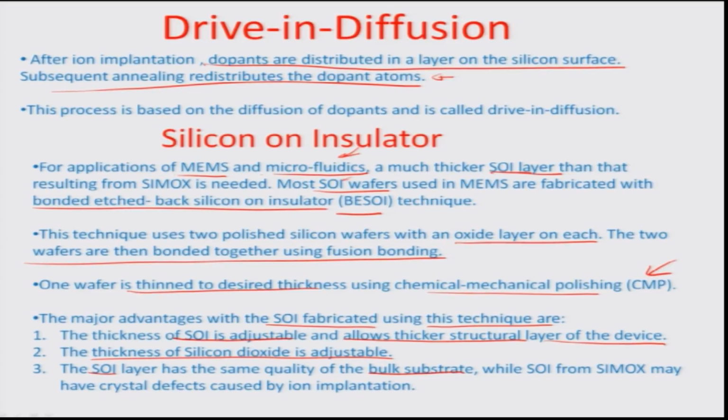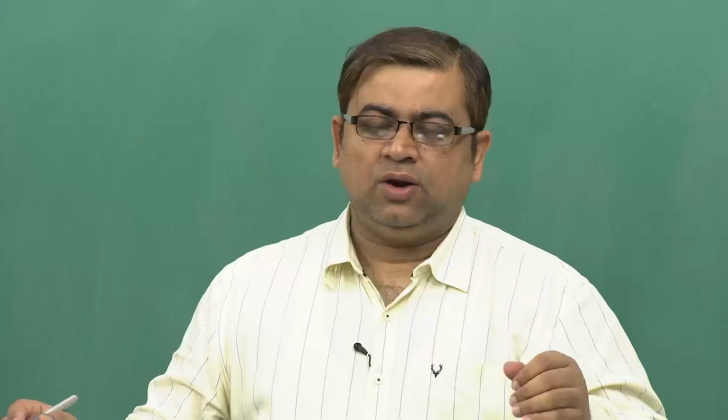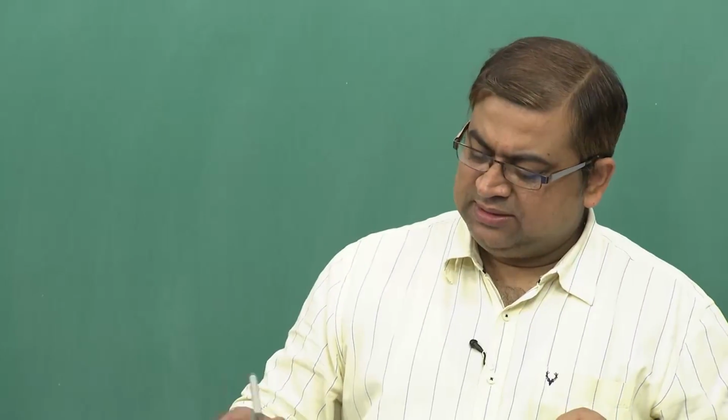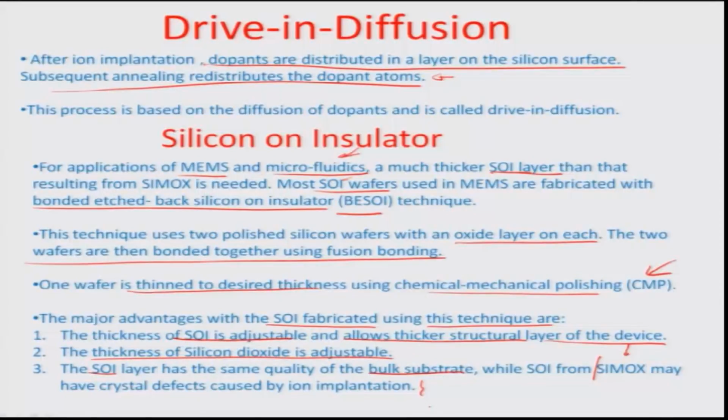That is a big challenge, how to match the SOI crystal with the bulk substrate. And the other method which is used, CMOS, is a slightly different variant, but it produces a lot of crystal defects. I'm not going to cover this because it goes into a lot of microelectronics. So that's about what I needed you to see when you talk about the non-conventional first generation processes borrowed from the microelectronic industry.